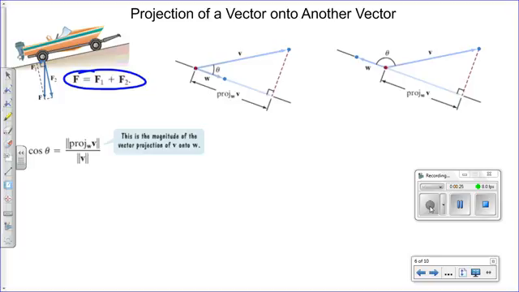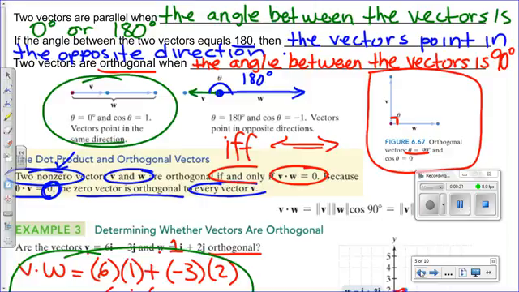From the last video, we discussed that two vectors are parallel when the angle between them is either 0, which happens when two vectors go in the same direction, or 180, when they go in opposite directions like here. That's what we call vectors when they are parallel.